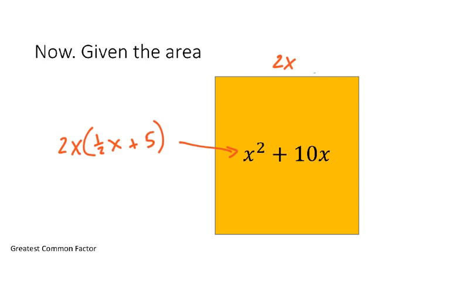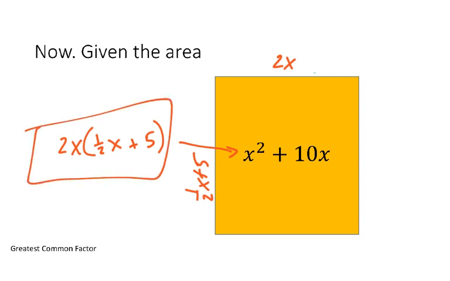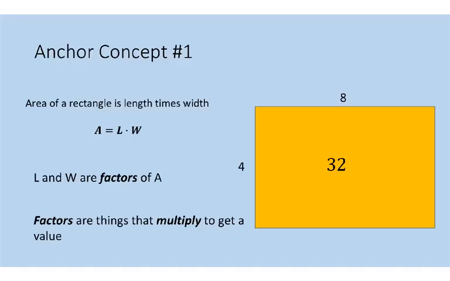So we could even get that creative there, and that means that this side is 1/2 x plus 5. As long as they're multiplying together to get it, that's a fine factored form. So again, this concept will always come back. We're always going to come back to this concept.